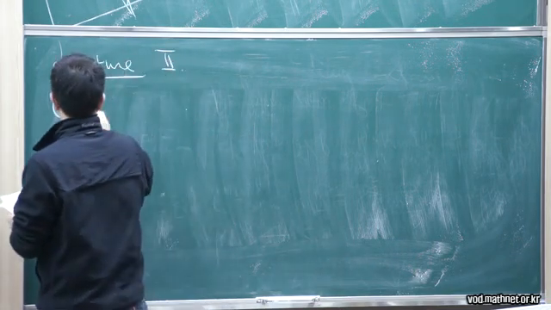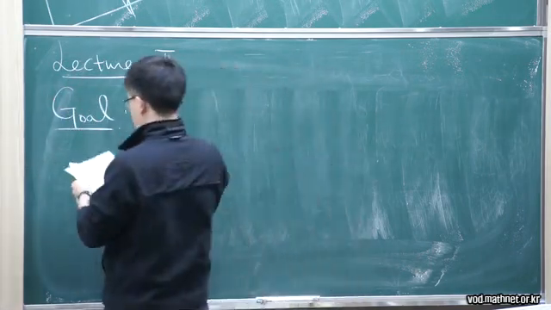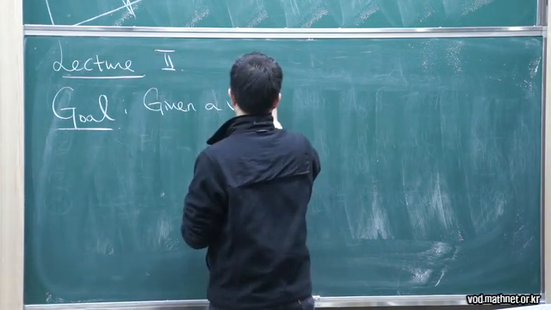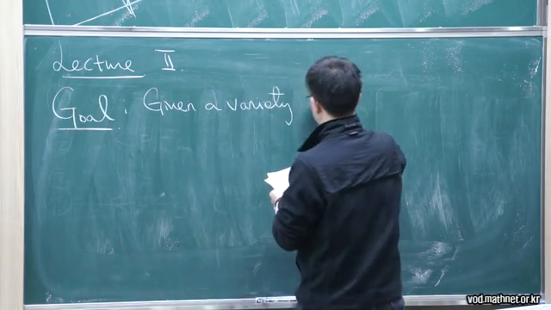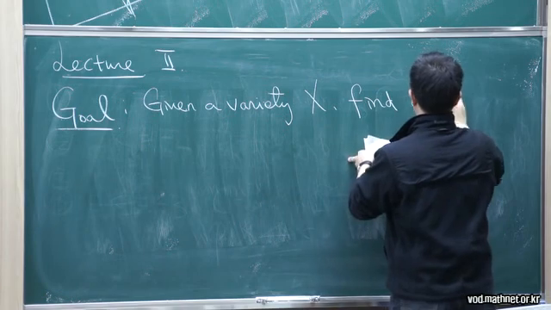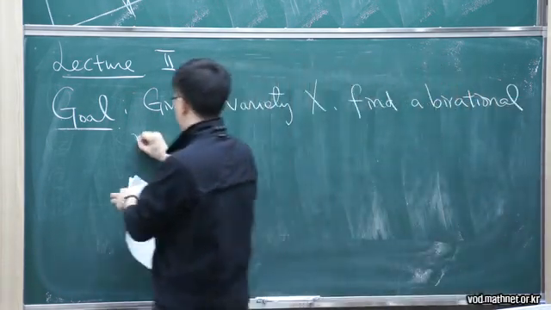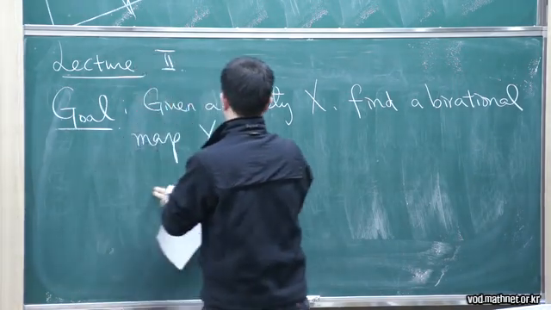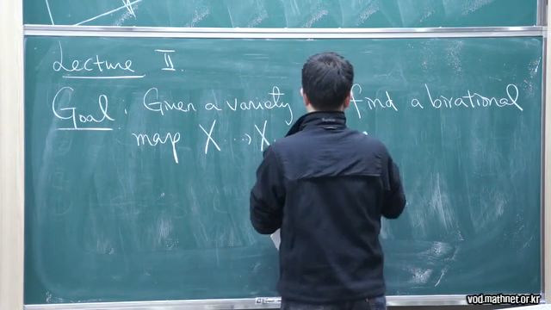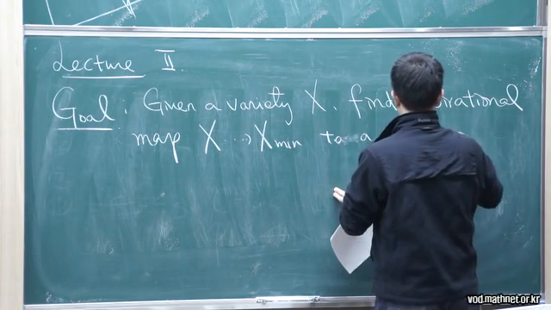So the goal is still to find the minimal model. Okay? So given a variety X, find a birational map to a minimal model.